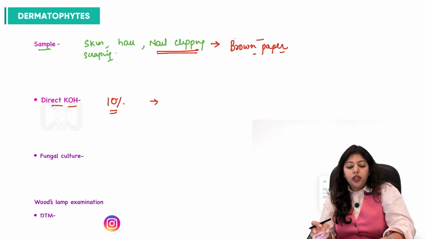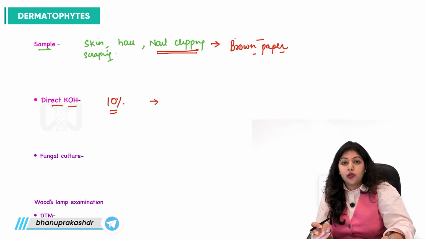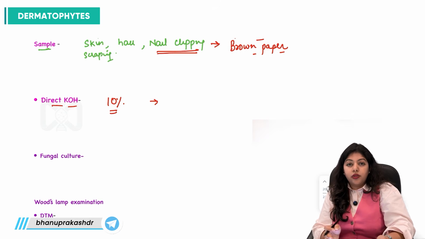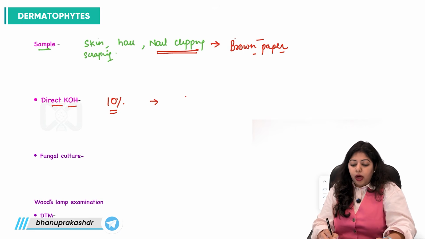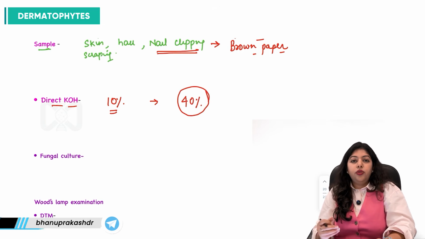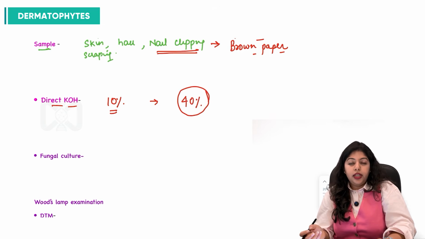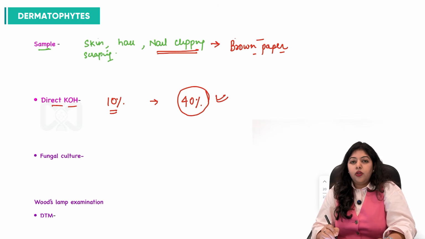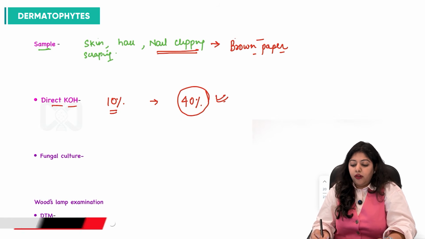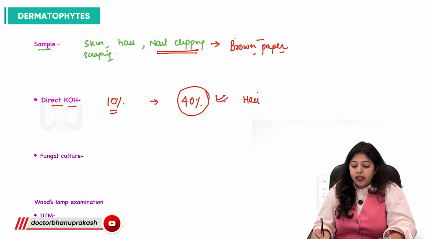So for nail samples, which are harder to dissolve, and also for skin biopsies, we increase the concentration of KOH. Up to what concentration can we increase in order to dissolve the proteins? We can increase the concentration to 40% for hair as well as biopsy samples.